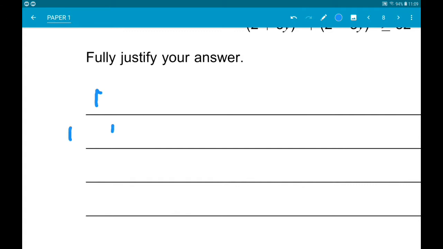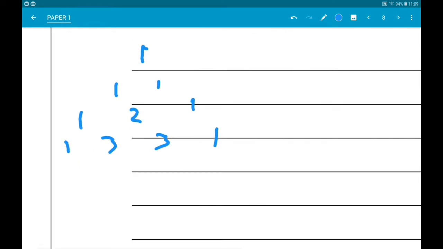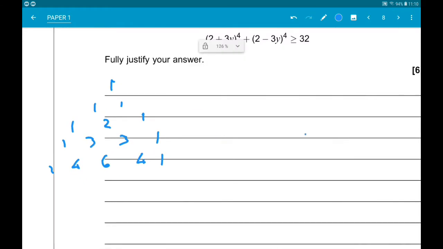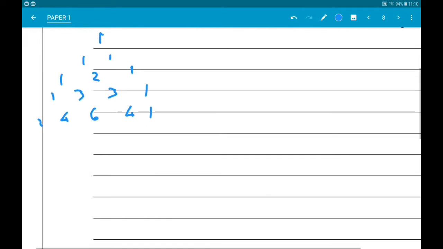So there's the first, second, third, and then the 4th. 1, 4, 6, 4, 1. So let's expand 2 add 3y to the 4.